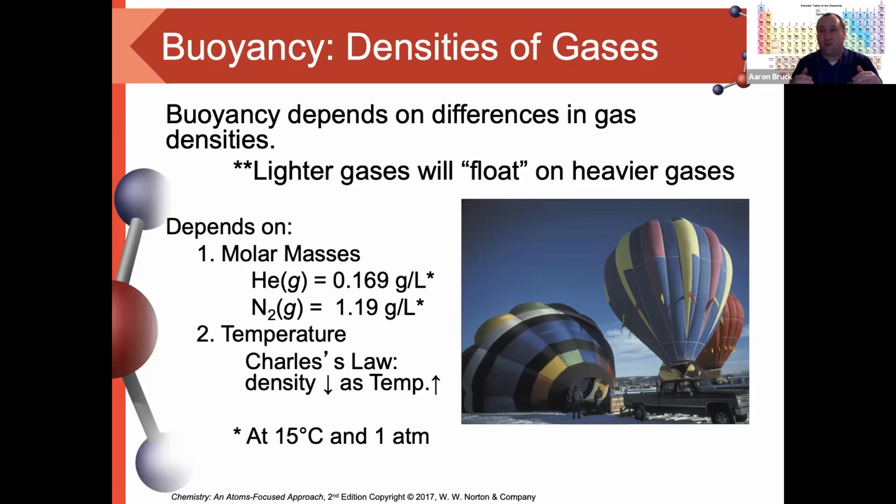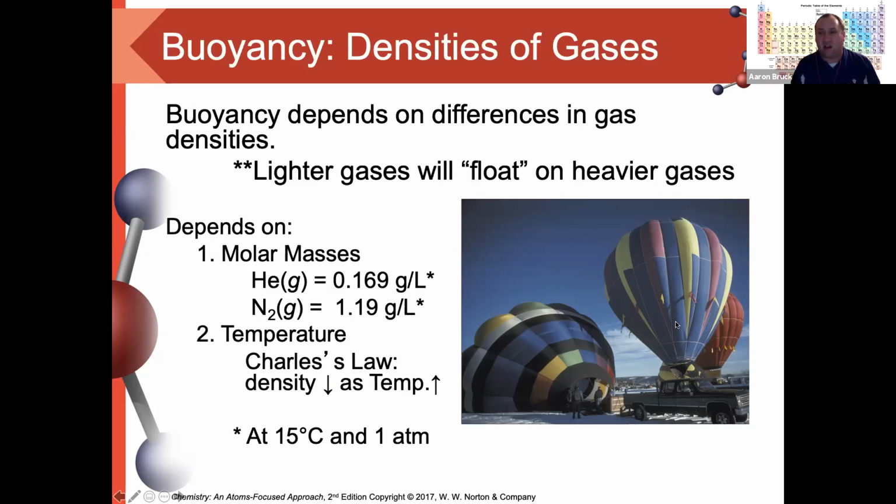So if I increase the temperature of the gas, that will cause the volume of the gas to expand. If I have a trapped gas, as in the case of a hot air balloon, that expansion makes the gas inside the balloon less dense than the gases outside the balloon, and that causes the balloon to rise.